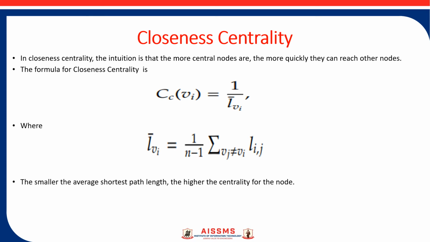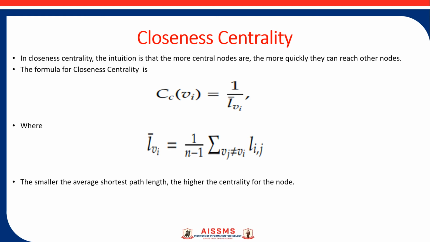To find the closeness centrality of a vertex, we consider the average shortest path length. In the numerator there is 1, and in the denominator we take the average shortest path length, and based on this we can find the closeness centrality of each and every vertex.